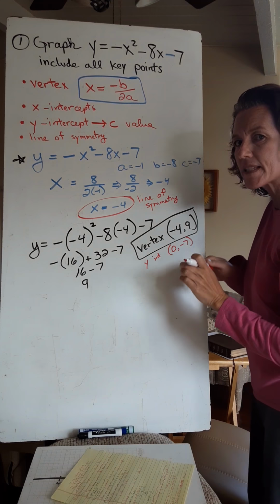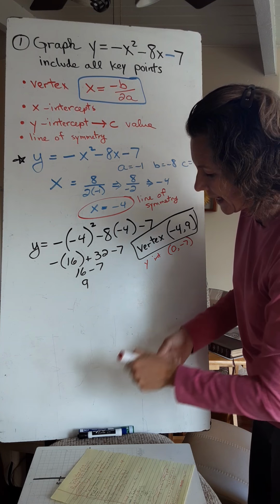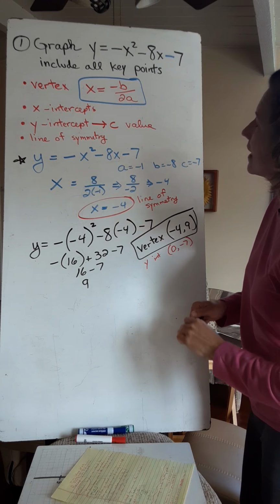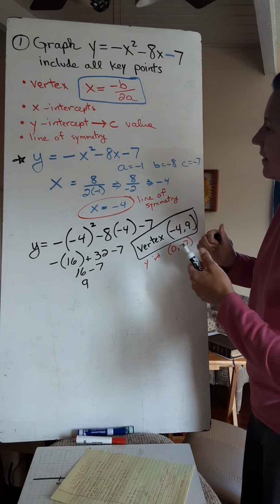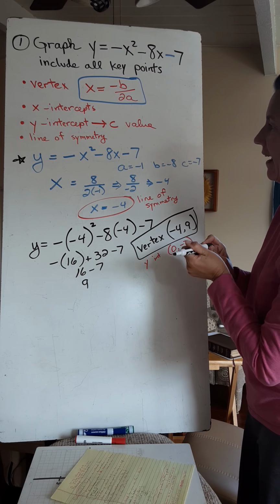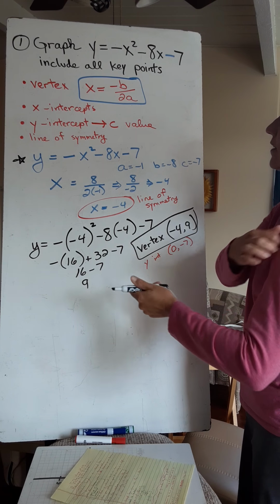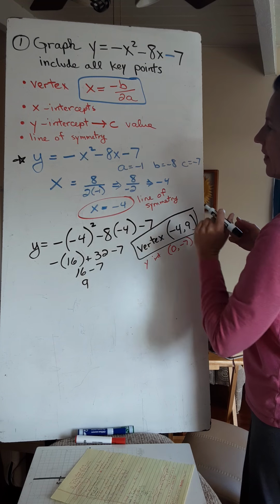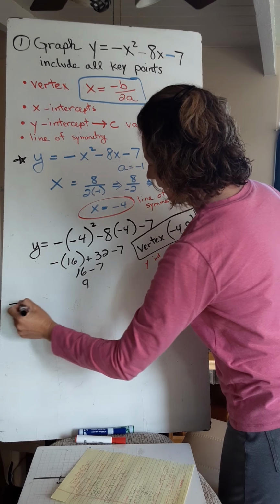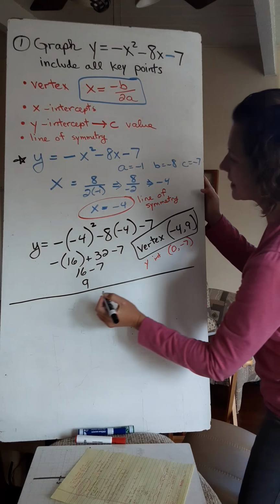All this comes from standard form. To get your x-intercepts, we plug in 0 for y. In this case, we want to factor this right here because factored form is easier.